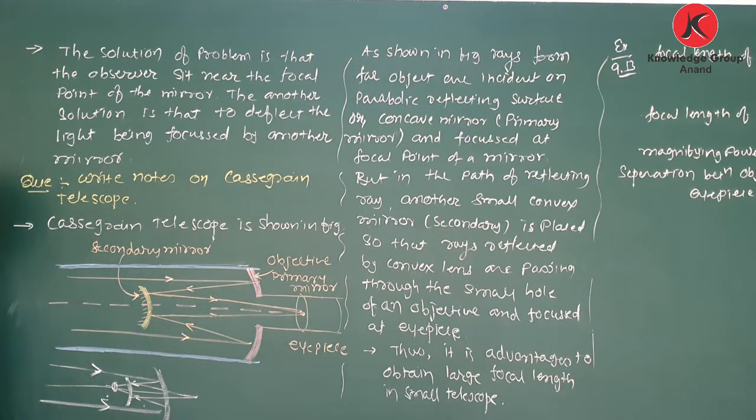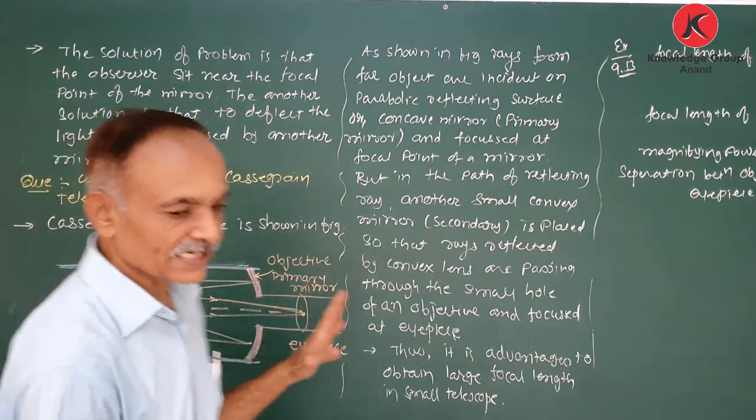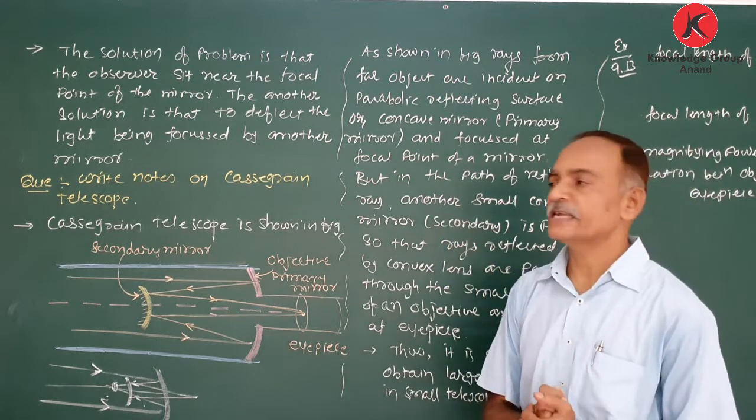So there is another solution to this problem. Okay, so those are the advantages and disadvantages of the reflecting and refracting telescope.